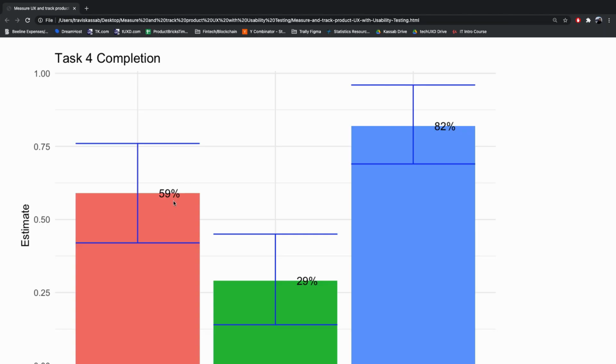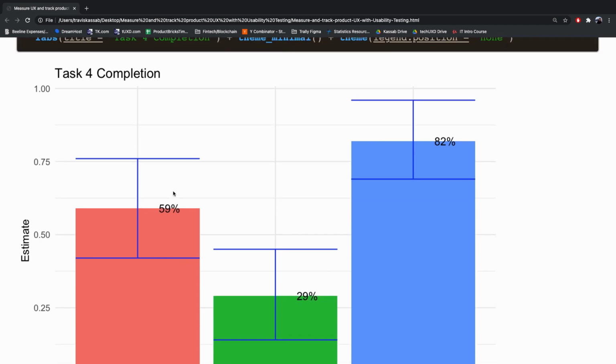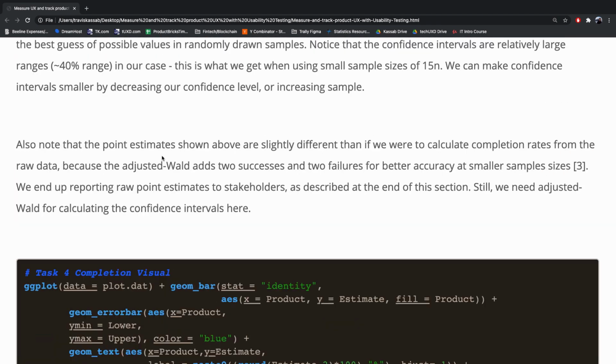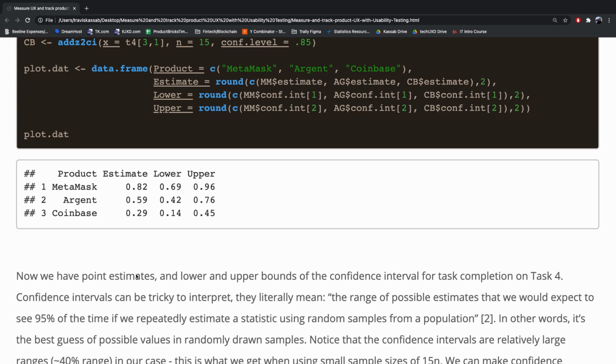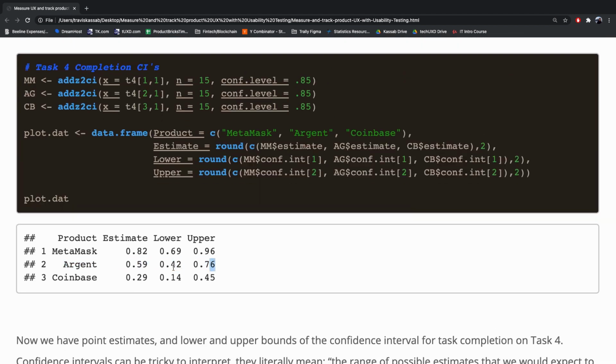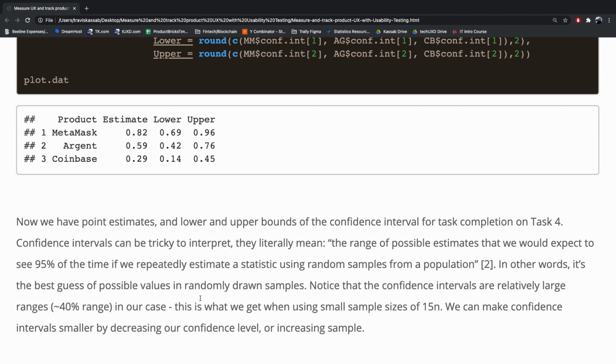So we calculated completion rate. We have a point estimate for each one, and then these blue bars here are the confidence intervals. So for Argent, 59, and then the confidence interval matches this right here, 59, and the confidence interval is from 42% to 76%.